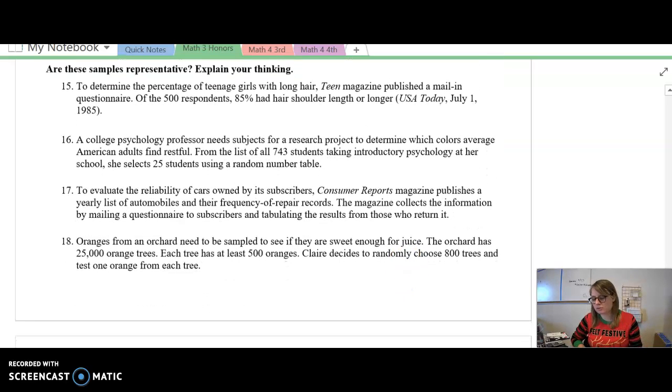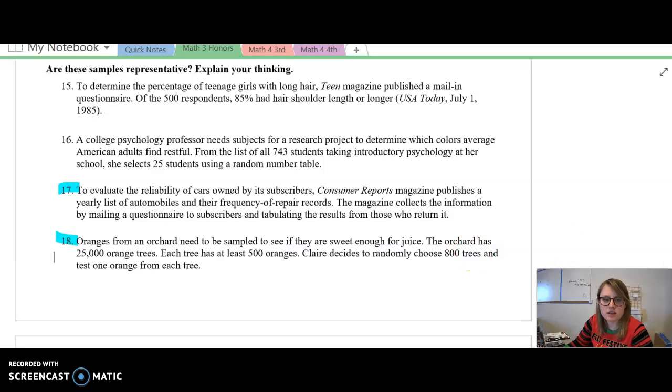Alright, so let's look at these. Are these samples representative? So meaning they are fair to everybody. So let's look at 17 and 18. To evaluate the reliability of cars owned by its subscribers, Consumer Reports magazine publishes a yearly list of automobiles and their frequency of repair records. The magazine collects the information by mailing a questionnaire to subscribers and tabulating the results from those who return it.